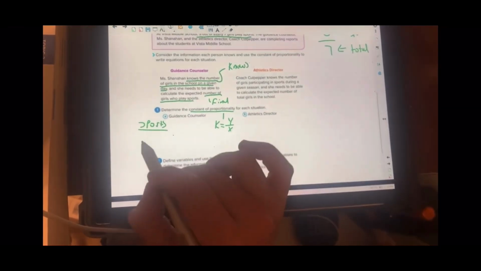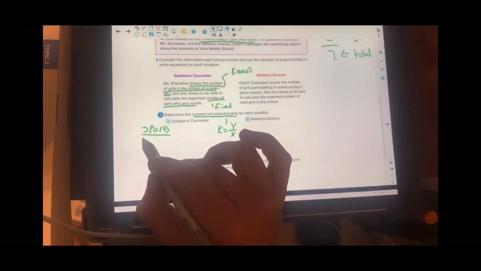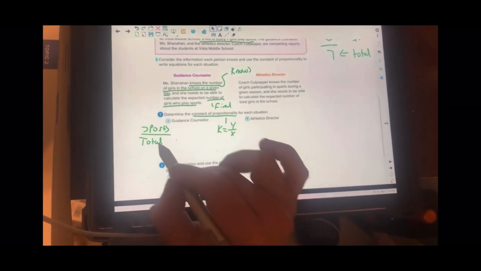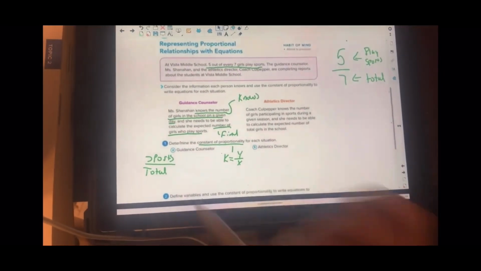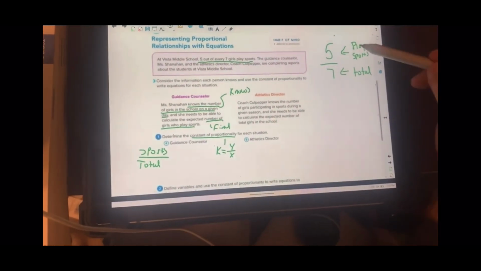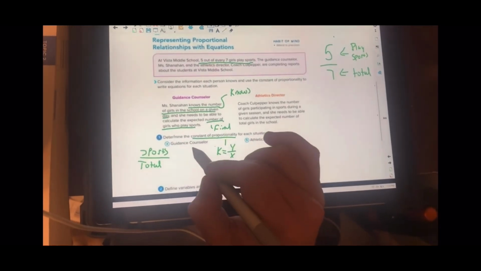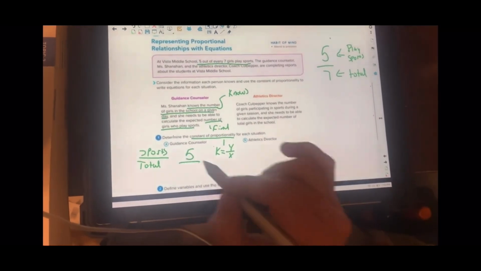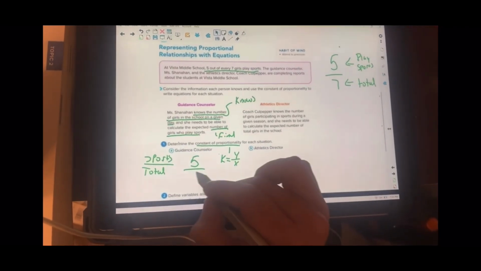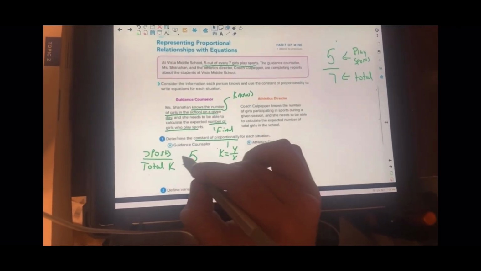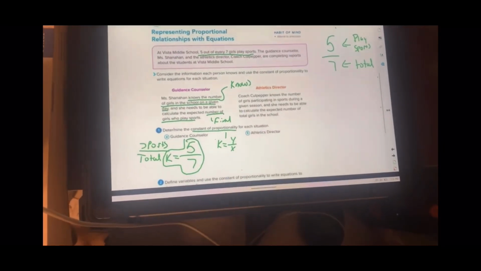She knows the total girls in school. So now I'm going to use the ratio up here that they gave me to set this up. The number of girls that play sports is represented by the 5, so 5 over the total number of girls in the scenario, which is 7. So her constant, k, equals 5 over 7.